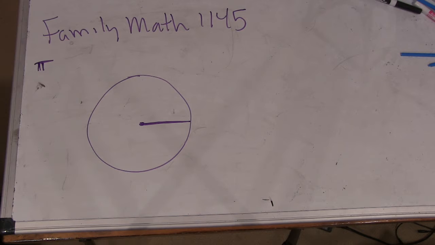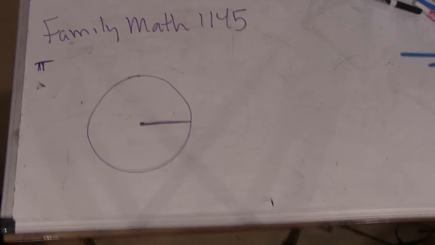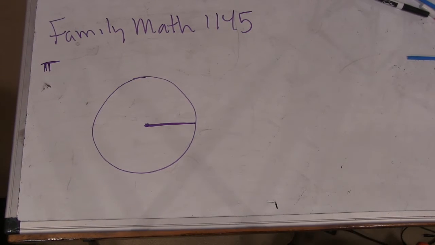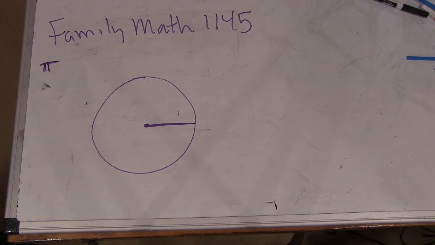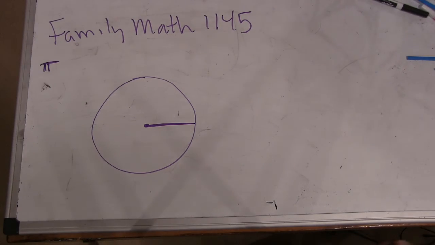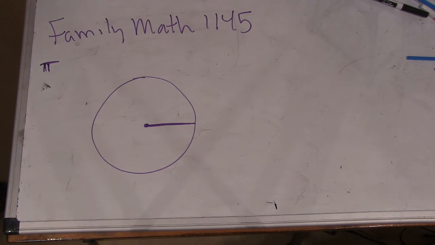Okay. But for the ancient Greeks it was more difficult because their number system just used the differences between whole numbers. And since pi is an irrational number, it just sort of didn't make sense to them.